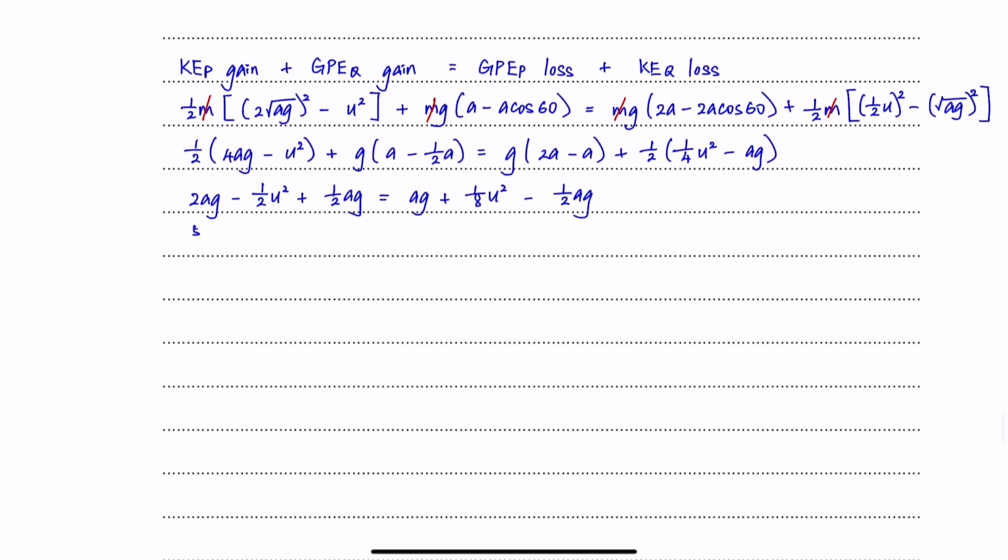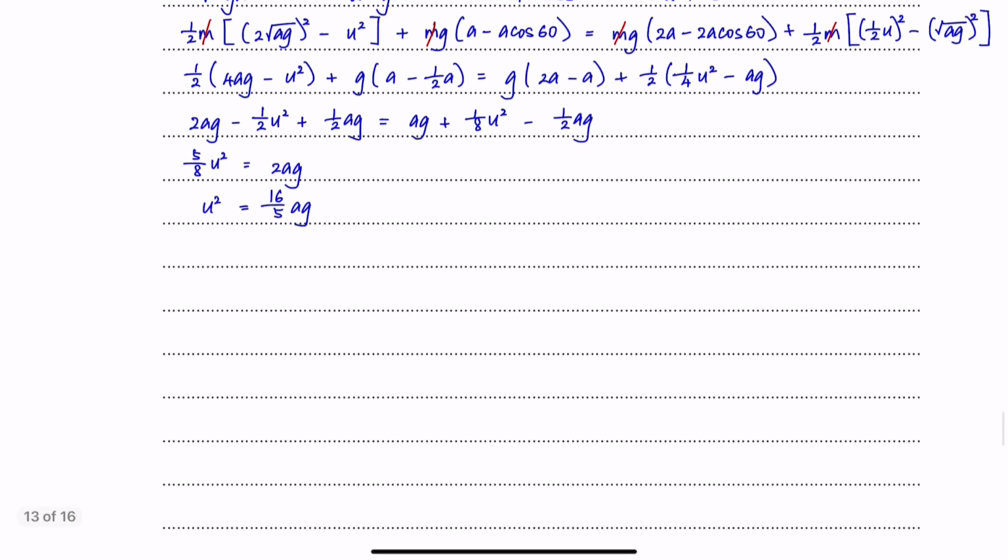So 5 over 8 u squared is equal to 2ag. So u squared would be 16 over 5 ag, and u would be 4 over 5 times root 5ag.